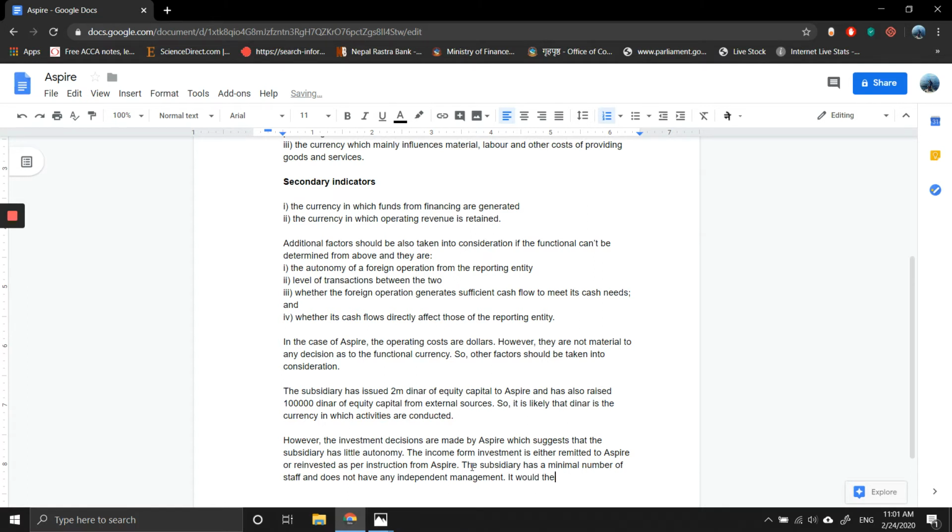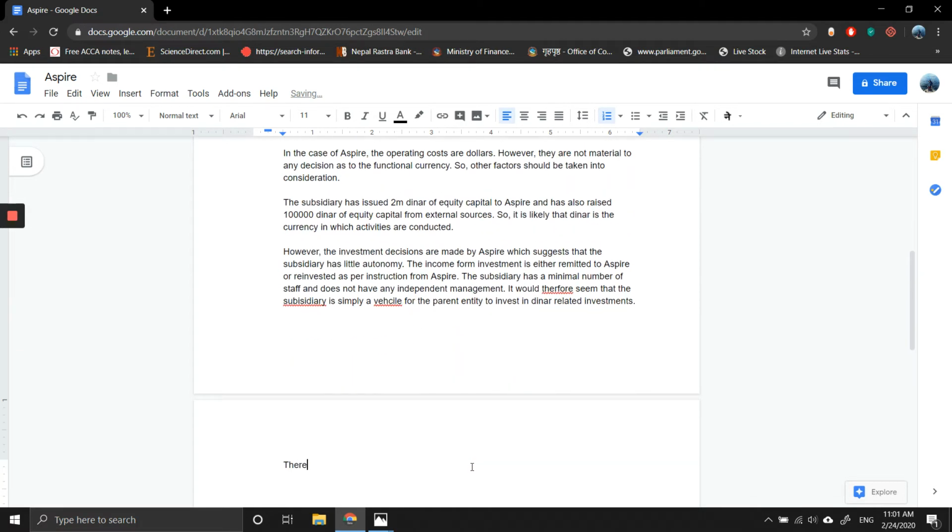It would therefore seem that the subsidiary is simply a vehicle for the parent entity to invest in dinar-related investments.